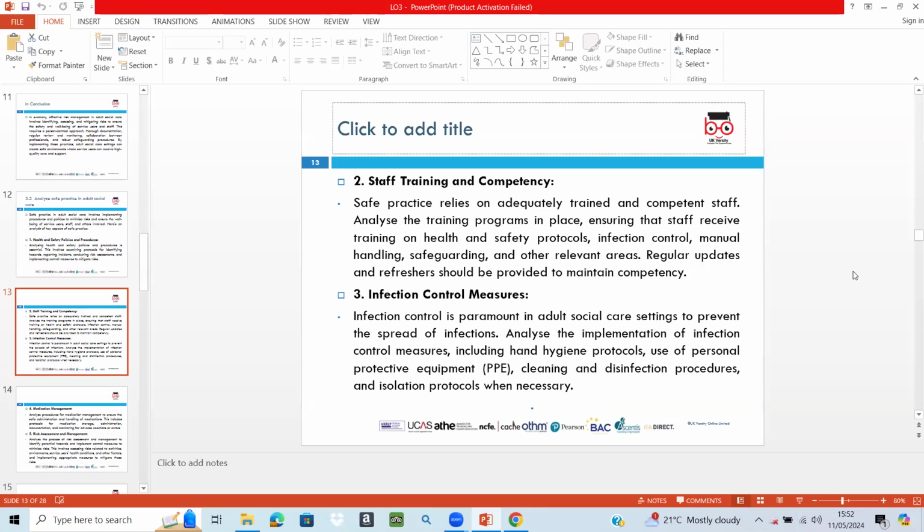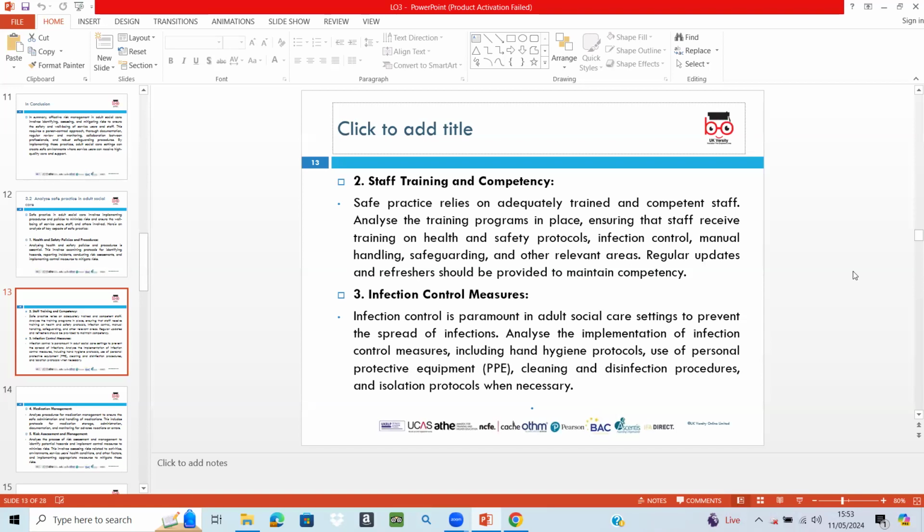adult social care. For example, if we discuss staff training and competency, understanding the training programs for staff is vital in ensuring they are equipped with the necessary knowledge and skills to maintain safe practices.